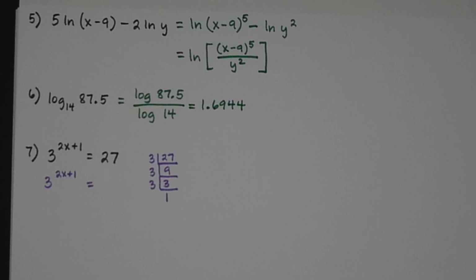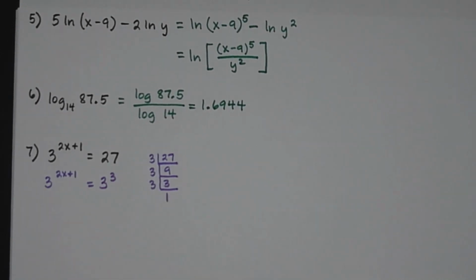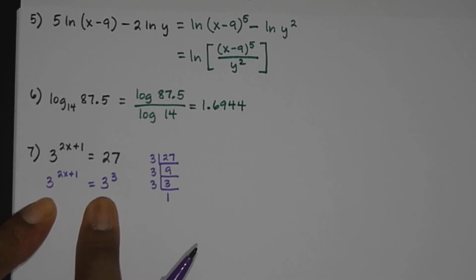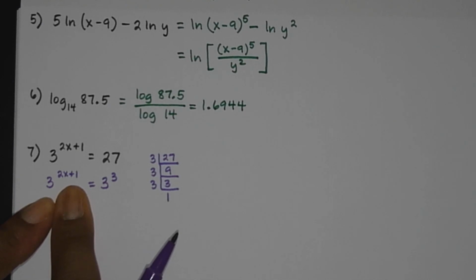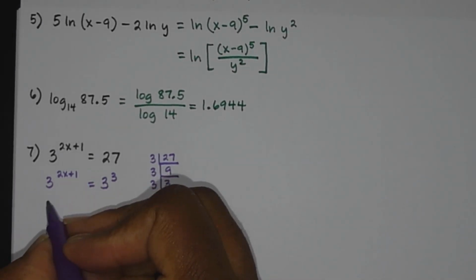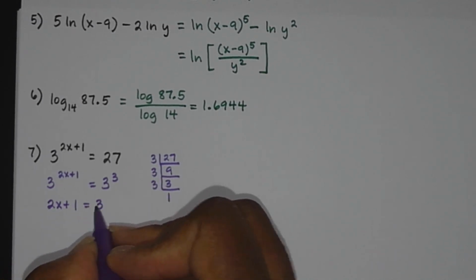And how many factors of 3 do I have here? 3. So 27 can be written as 3 to the 3rd power. So in this case, these bases are the same. That means I can set the exponent on the left equal to the exponent on the right. So I can set 2x plus 1 to be equal to 3.